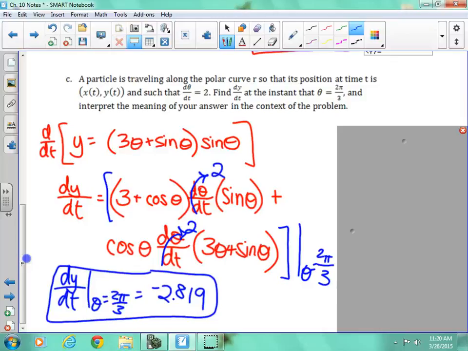I can think velocity is negative because it's a particle moving, so that's velocity. Velocity in the what direction? In the y direction. So velocity in the y direction is doing what? Velocity is negative, which means the position function in the y direction is decreasing.